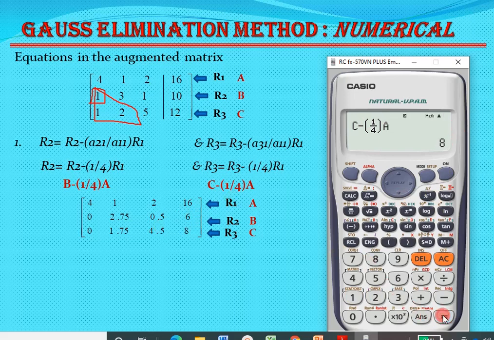Again pressing equal to, you will get the new C value as 8. So in this way you will be able to get the new second row and third row with the help of the calculator very easily. And if there are more rows, you can calculate the same way with the help of the calculator. For that you need to define the other equations by using the colon symbol.